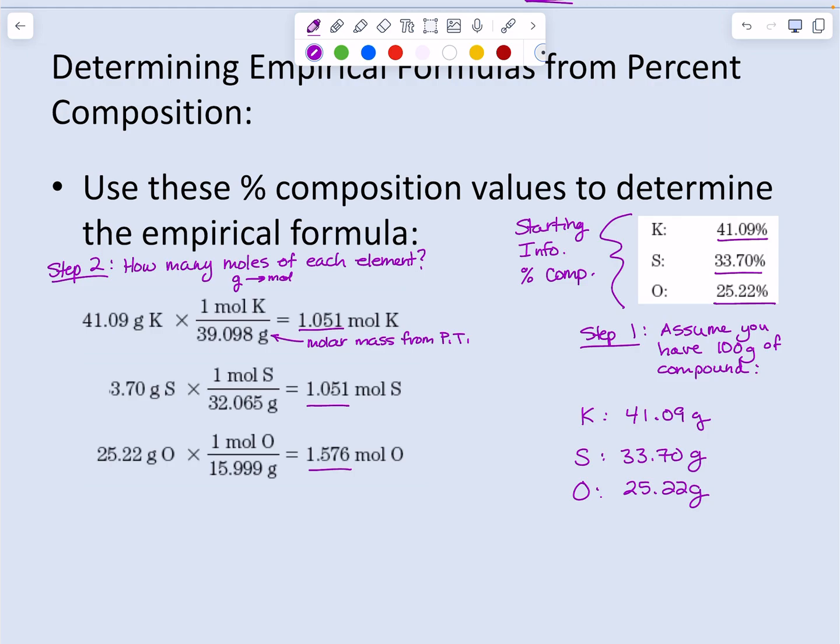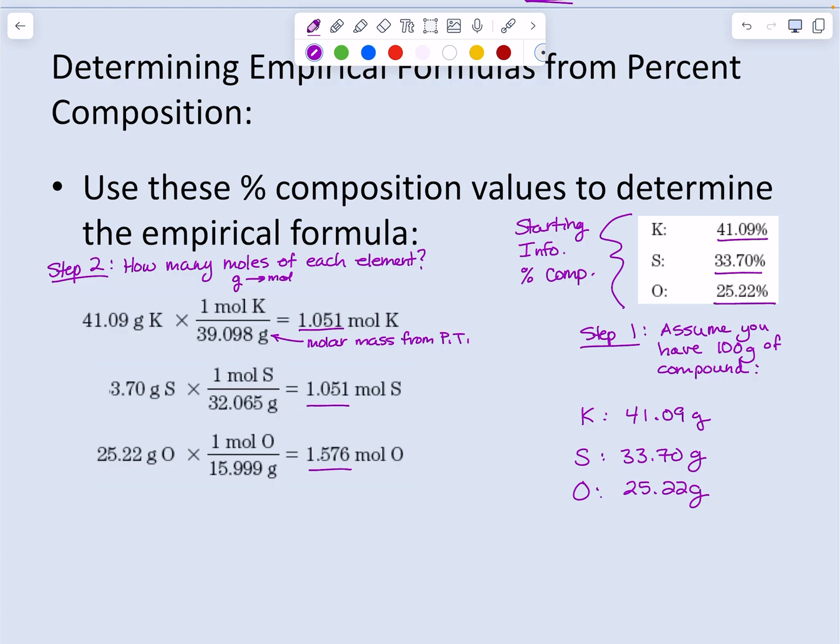Well, that doesn't necessarily help me get to the final formula. There's something else we need to do, because those are not integers. You can't have 1.5 oxygen atoms. It's just not a possibility.